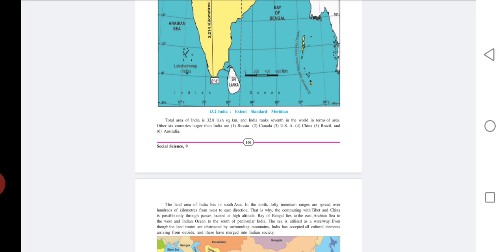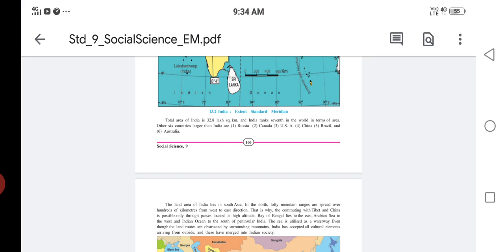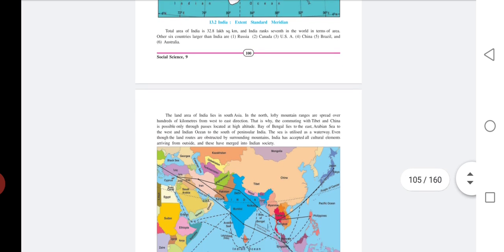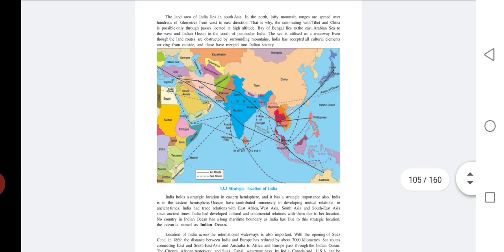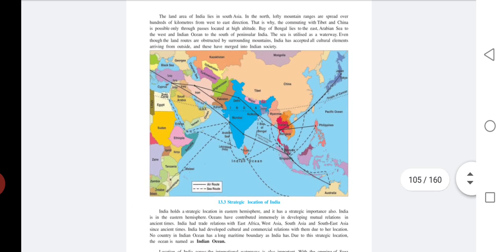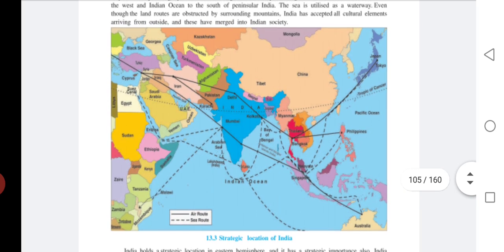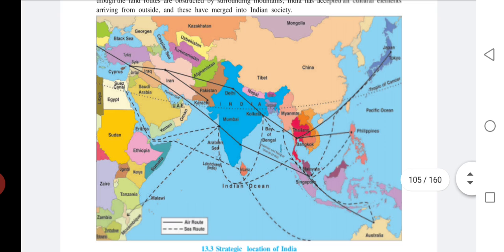Now the Arabian Sea lies in the west and south of India. Then the Bay of Bengal lies in the east of India, right? Small dots in yellow you may find in the Bay of Bengal, and that's the Andaman Islands, and in the Arabian Sea, that's called Lakshadweep, right?